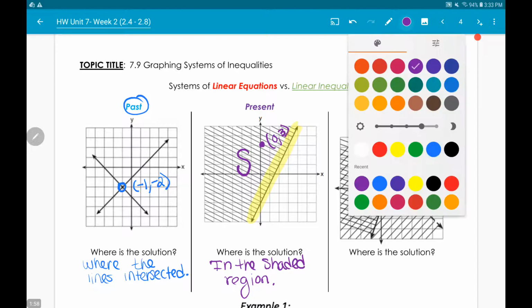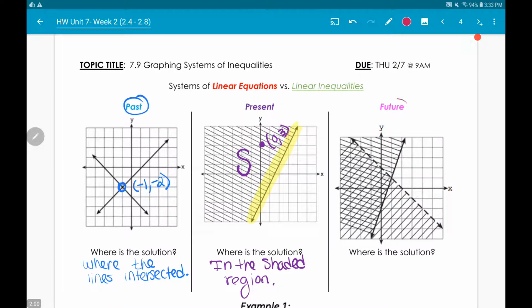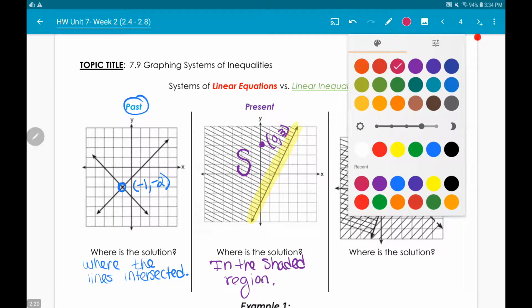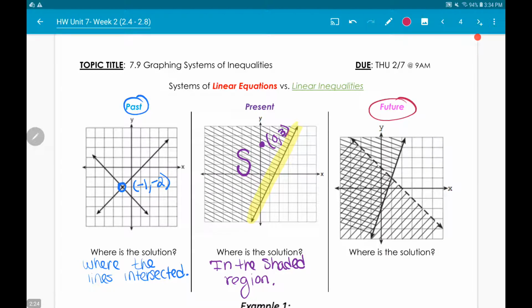All right, so now here's my future. Where do we think the solution is going to be now? All right, so we saw systems of equations. That was where they intersected. Then we saw linear inequalities, and that was where the shaded region was. And now we have a system of linear inequalities. So now I have two inequalities, two sets of shading, two lines intersecting. Where is my solution?